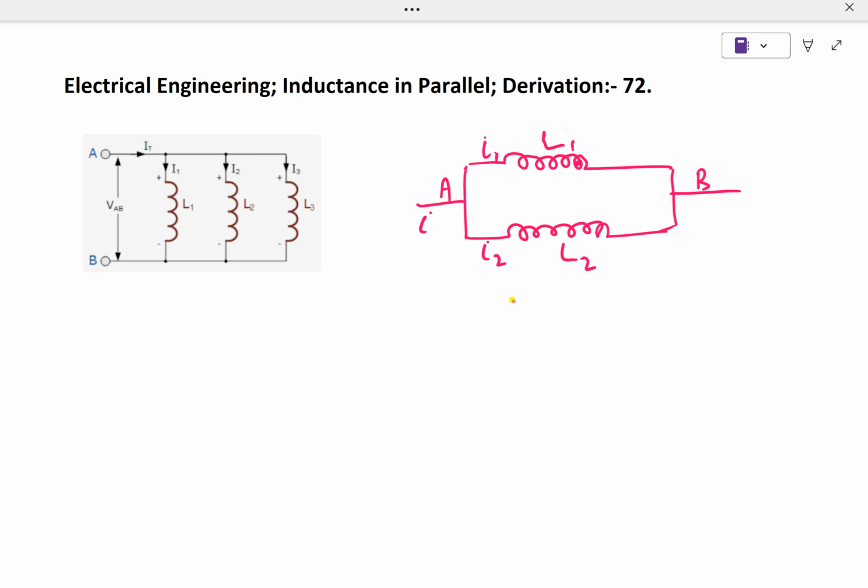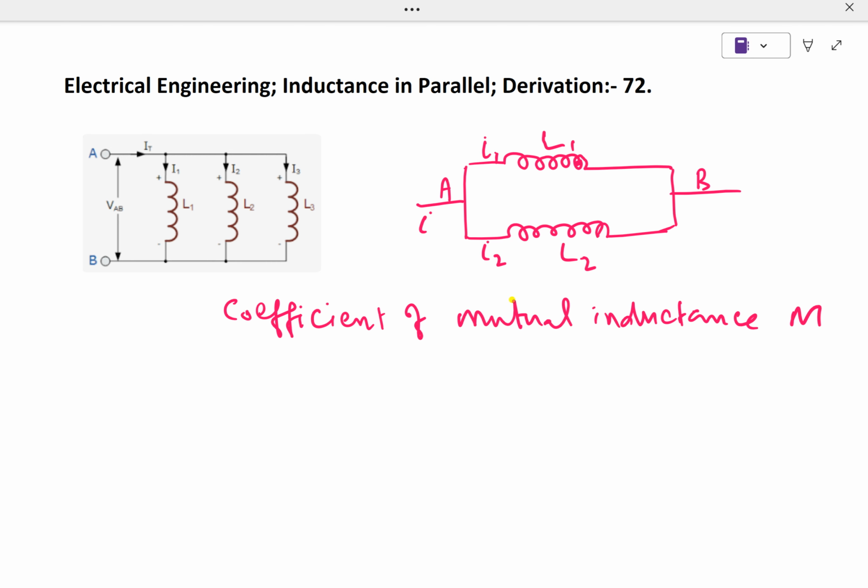Let the coefficient of mutual inductance between the two inductors be M.